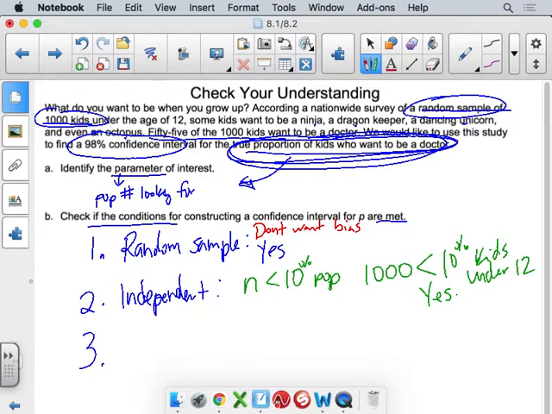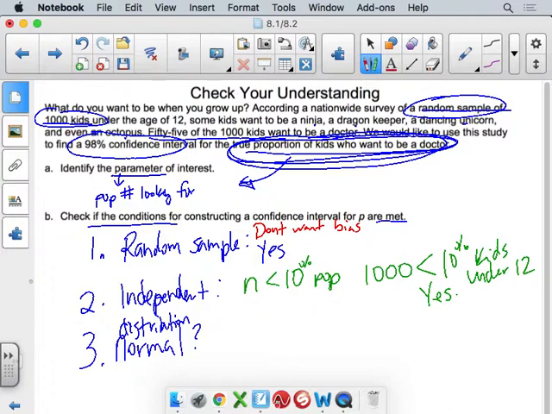All right, and then the last one is: is our distribution normal? Maybe I'll put it up here. Is the distribution normal? Some people missed this on the test, since it wasn't hit on as much in sampling distributions.